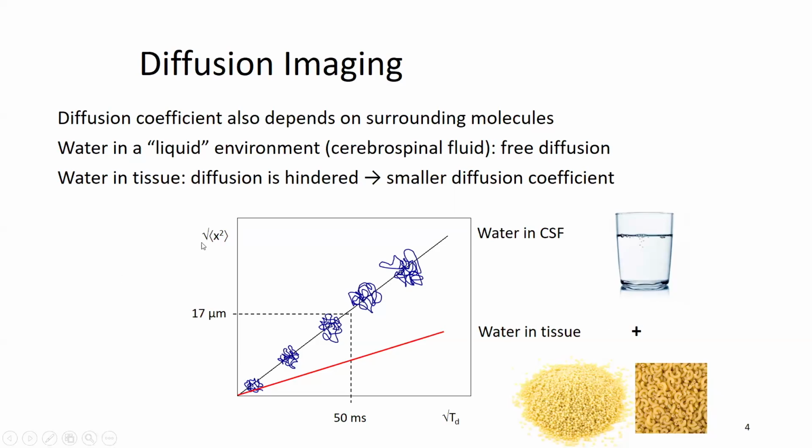When the diffusion is hindered, we get a smaller diffusion coefficient, because we do have these barriers, which is the brain tissue, the membranes, the cells, etc. And of course in CSF, typically the temperature is about 37 degrees, so in the CSF the diffusion is also faster than in a glass of cold water. But if I have hot water, then the diffusion is faster again.